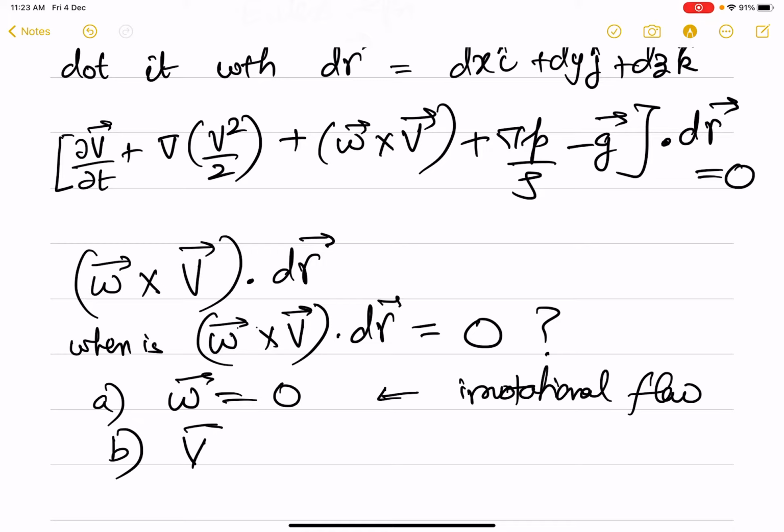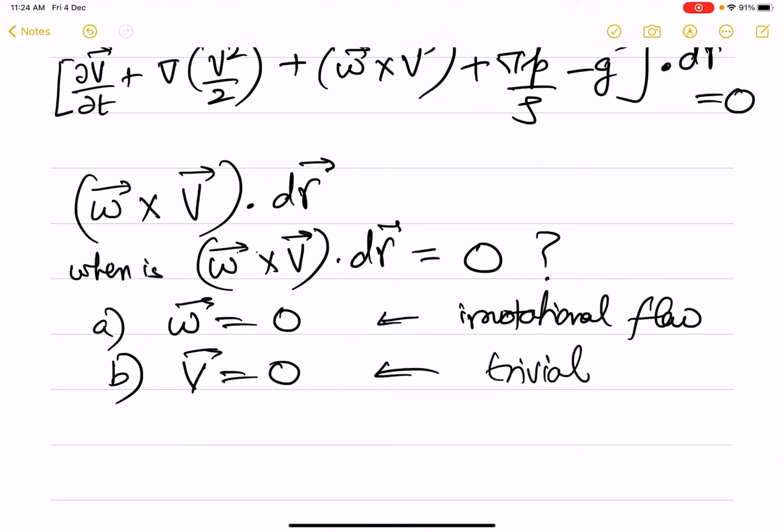Case B, when V is 0, which is a trivial case, we will not like to consider that. And case C is when dr is parallel to V. That means the distance along which you are moving is parallel to velocity. Now when does this happen? When will dr be parallel to V?